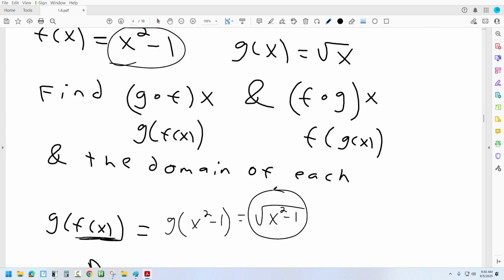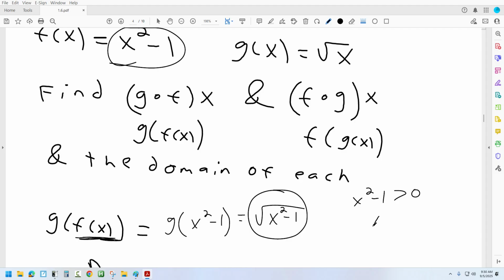Okay, so you never want what's under the square root to come out negative. In other words, what do we want? We want it to be 0 or higher. So I always want x squared minus 1 to be 0 or higher.